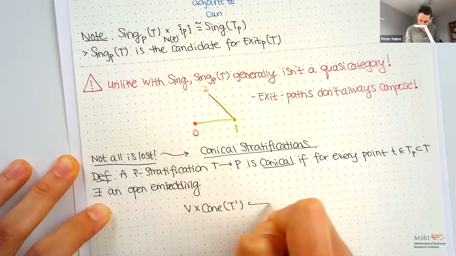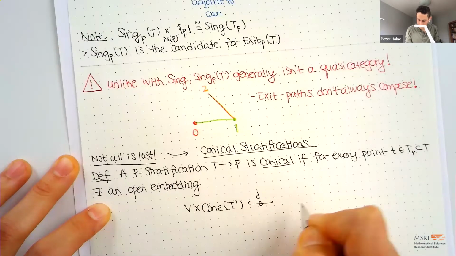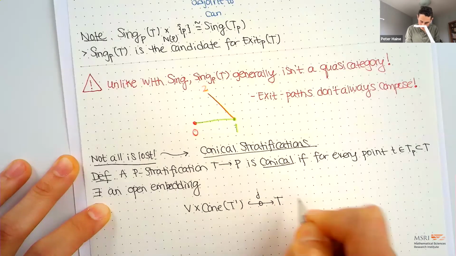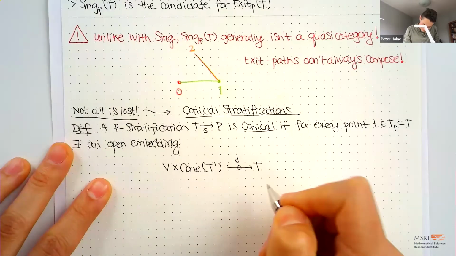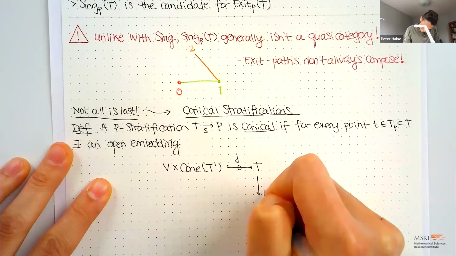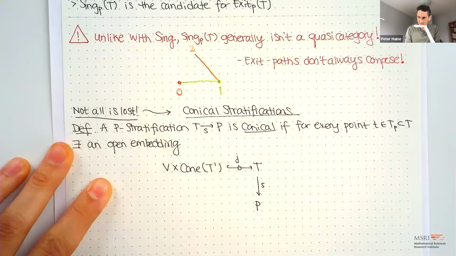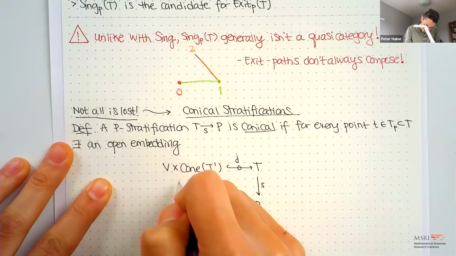That's going to be an open embedding to T. Let's call this stratification S. It's going to be an embedding respecting the stratification.